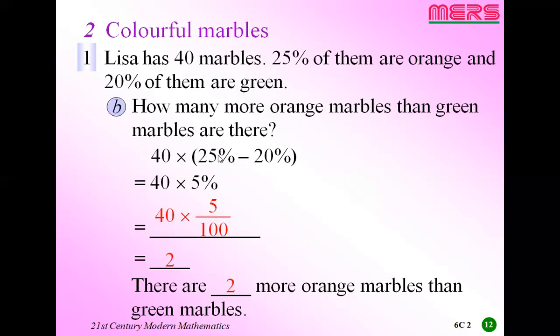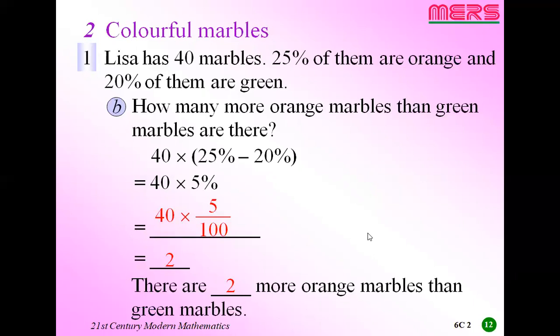This percentage is talking about inside the 40 marbles, 25% are orange, okay? And the 20% means inside these 40 marbles, 20% of them are green. So that's why when the totals are the same, you can just do the subtraction like that. Okay?